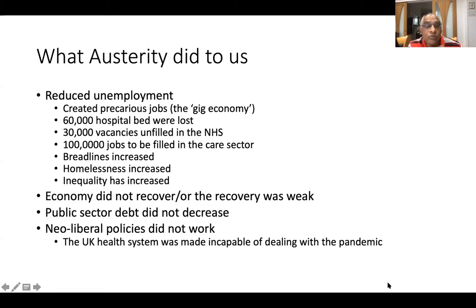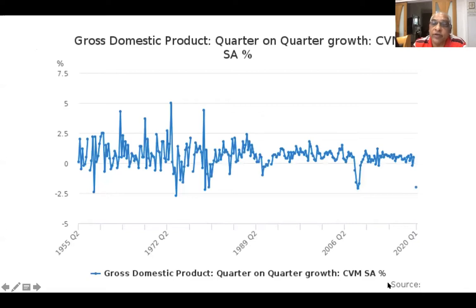Breadlines increased, homelessness increased, inequality of income has also increased. And the economy did not recover, or the recovery was weak. Public sector debt did not decrease. And basically, the neoliberal policies did not work at all. The UK health system was made incapable of dealing with the pandemic.